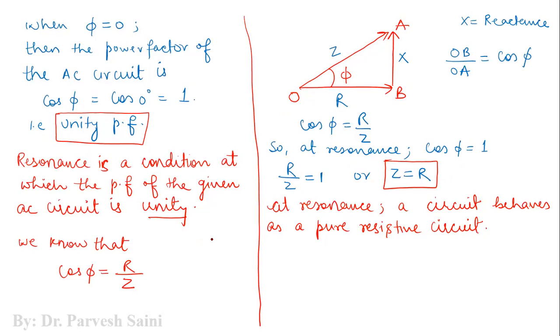Now resonance occurs in AC circuits which are either series RLC circuits or parallel RLC AC circuits. In both we have the concept of resonance, and resonance is used in selective AC circuits, wherein the circuits have to interact with signals of a certain frequency.